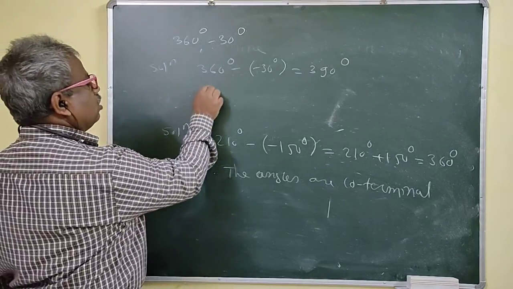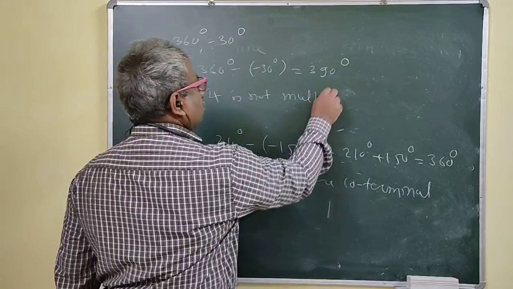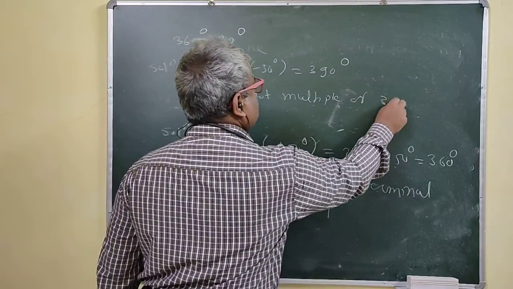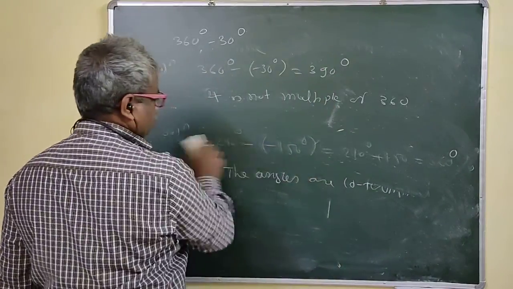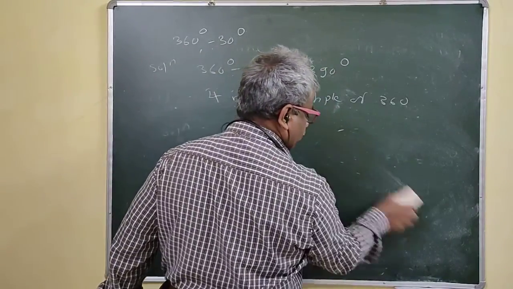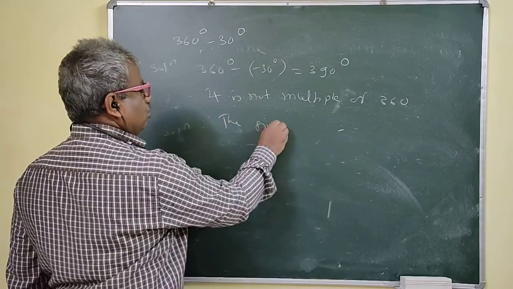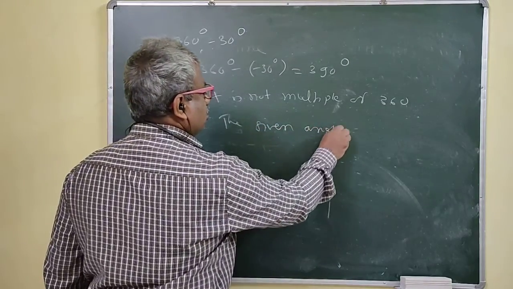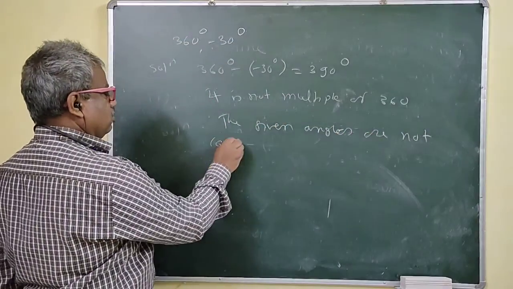So it is not a multiple of 360. Therefore the given angles are not coterminal angles.